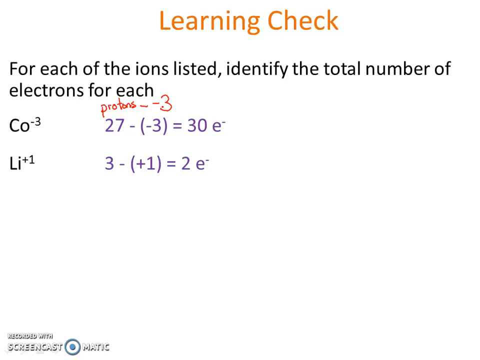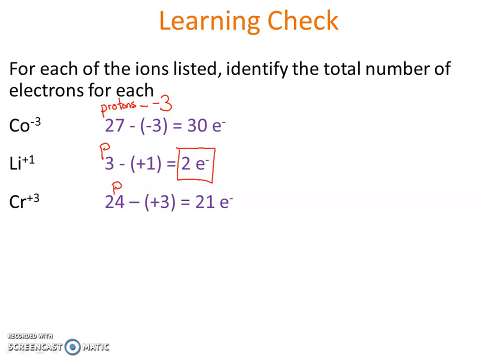Lithium is number 3 on the periodic table, which means its atomic number is 3. It has 3 protons. The charge is +1. That means it has 1 more positive than it has negatives. So it must only have 2 negatives left in the atom. Chromium, 3 positive. Chromium is number 24, so that's how many protons it has.